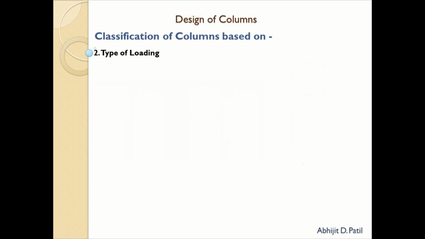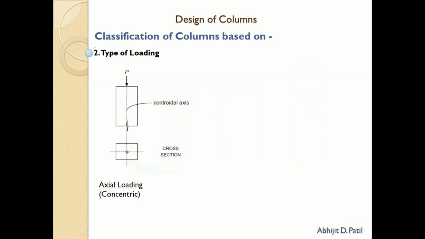The next classification is depending on the type of loading. The first is axial load. That means the vertical load from the beam, slab, etc. is acting exactly at the centroid of the cross section of the column. If this is the case, then the loading is concentric or axial loading.